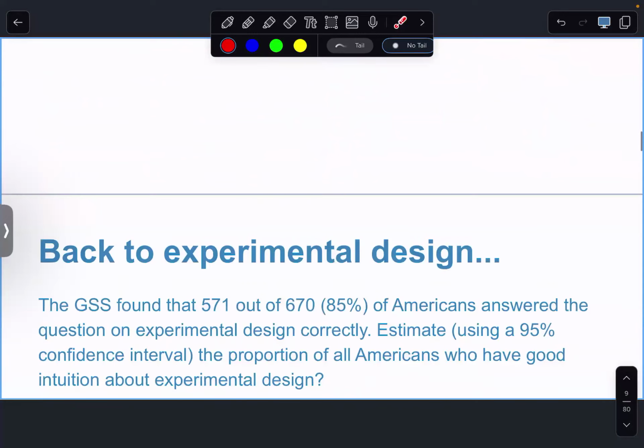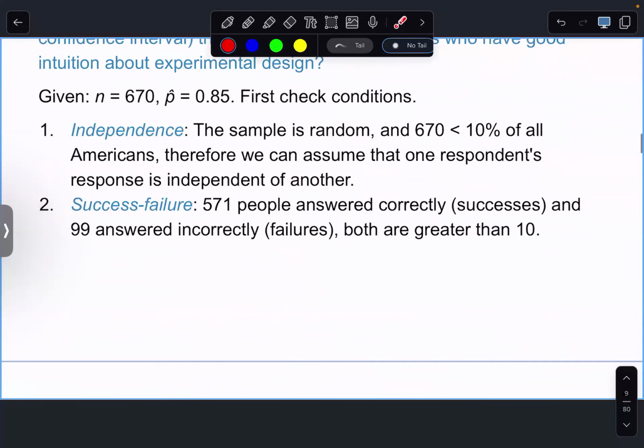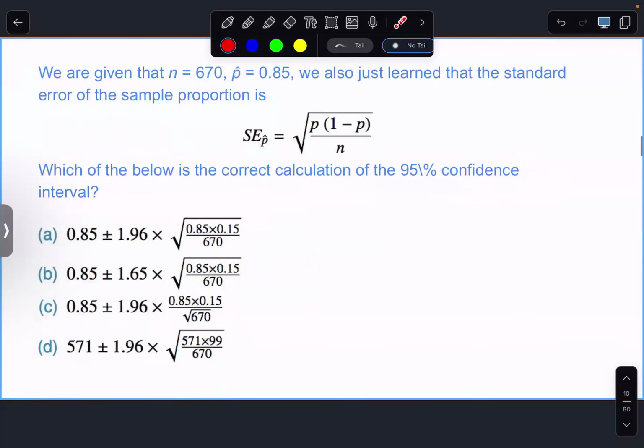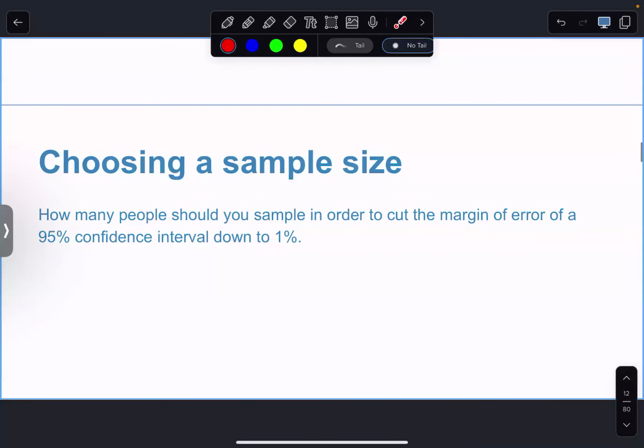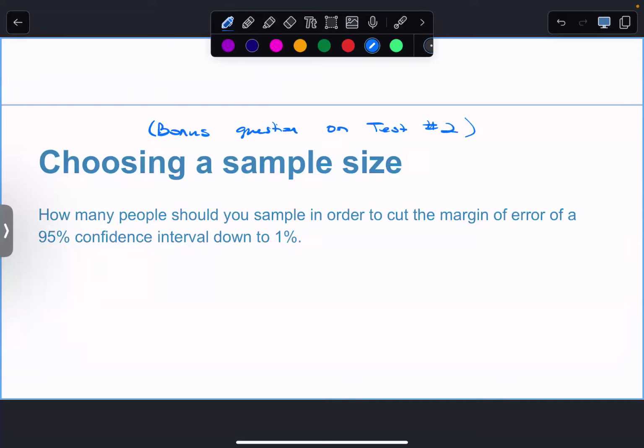Still a confidence interval. Well, fine. Helps if you read it, I guess. All the answers are in here. And so here, this will be a bonus question on test 2. I promise.